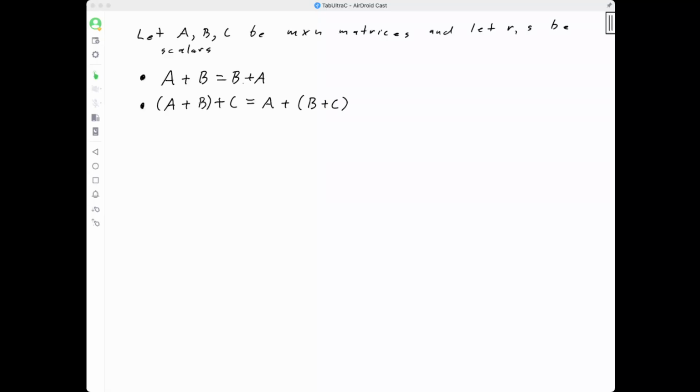So you can do the first or the second one in addition in either order. It doesn't matter. The third fact is A plus the 0 matrix is equal to A.